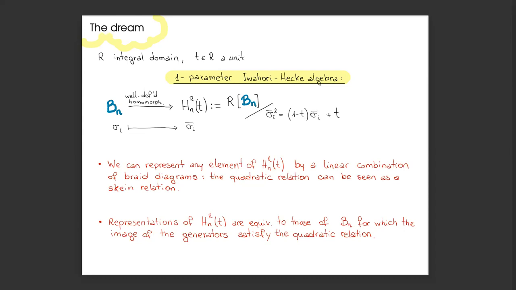So once you think about this, you can see this quadratic relation here as a sort of skein relation. And also, if you want to study representations of these two objects, you soon realize that they are very closely linked because representations of this Iwahori-Hecke algebra are equivalent to the representations of Bn for which the images of Bn satisfy the quadratic relation that we put here.